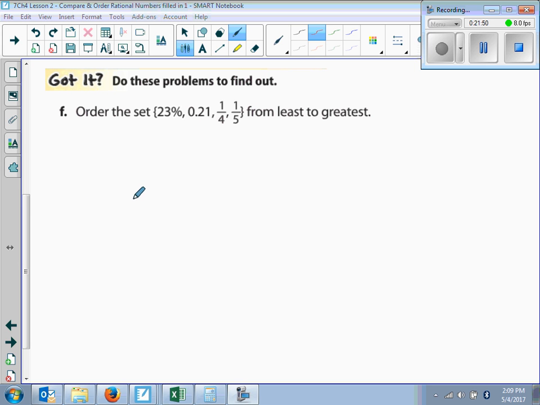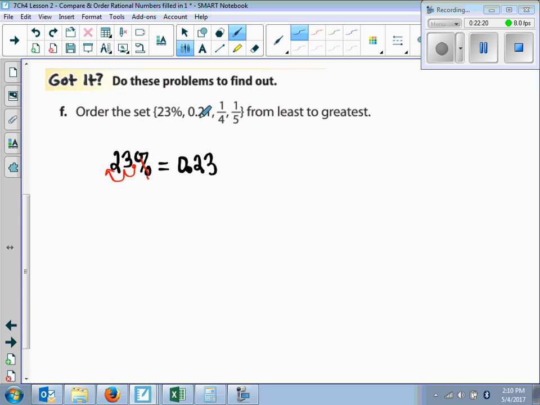So the first thing we're going to look at is this 23%. When I change that to a decimal, we're just going to take this decimal at the end and move it 2 places to the left, take away the percent sign. So this is going to be equal to 0.23.